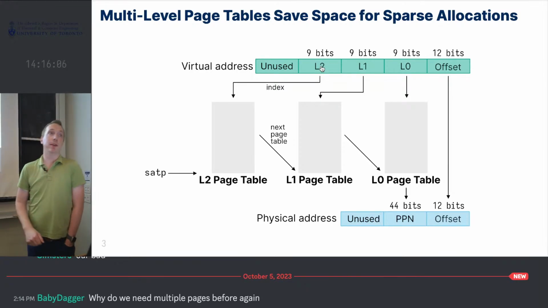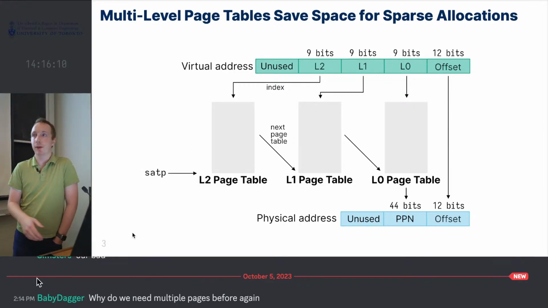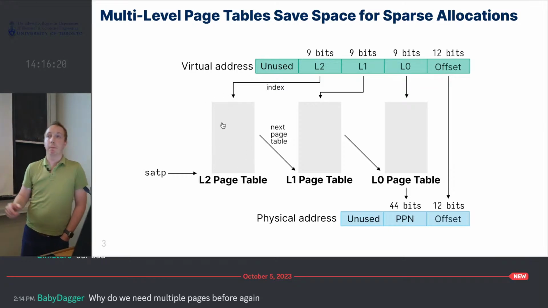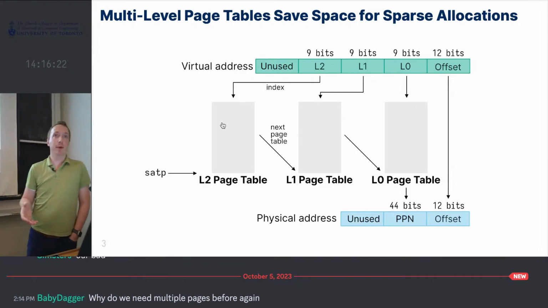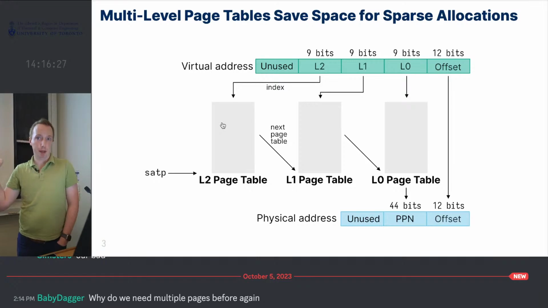So now, when we translate an address, this root page table register just points to an L2 page table, and then the only difference in here, this page table is still full of page table entries, but the physical page number actually is the physical page number of the L1 page table.